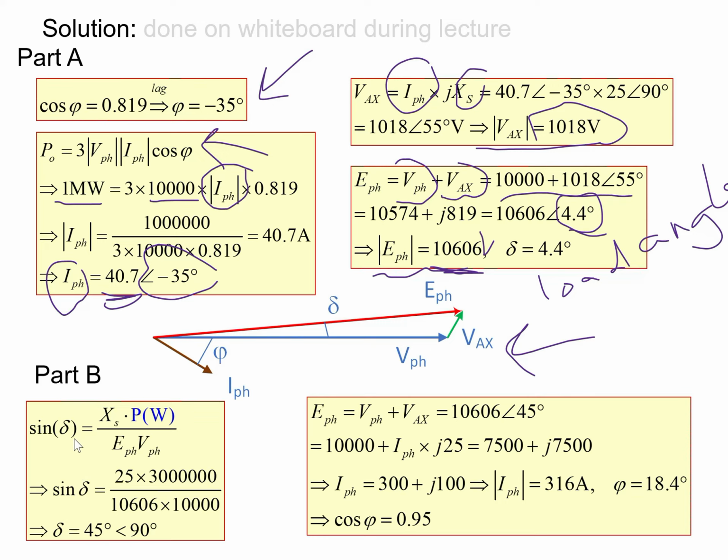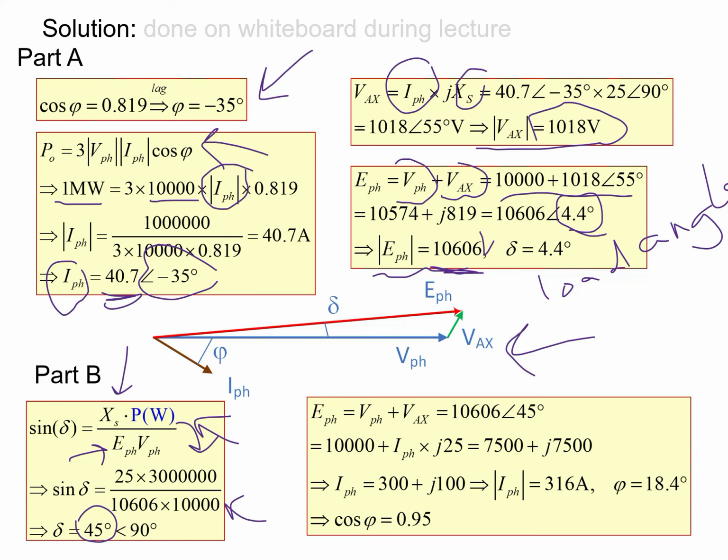We know from the equation which relates the power to the sine of the load angle that it is equal to this formula. So we plug in the new value for the power, which is 3 megawatts. We keep everything the same, so XS is the same, the excitation voltage is the same, and the voltage per phase is the same. So in this case, we will obtain the new load angle.